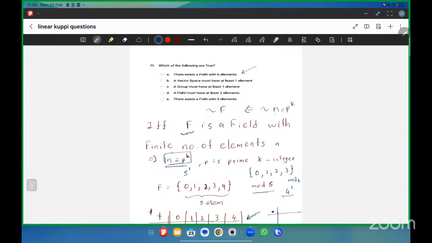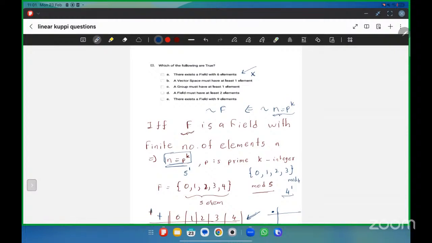So if we can't write the number of elements like this, we can tell there can't be a field with those elements. So for 6 elements, we can't write it as a prime with an integer power, so there can't exist a field. That is for part A.